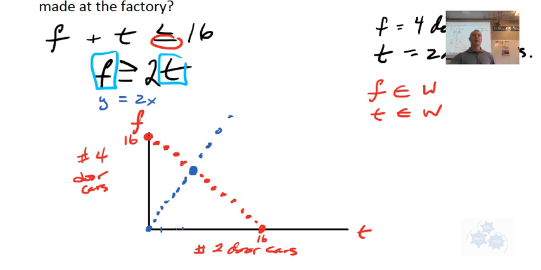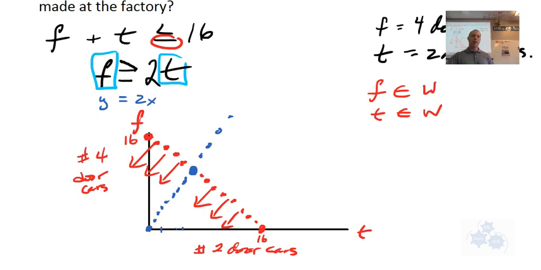Okay, let's shade the regions. For the first one, the red one, it's less than or equal to. Is 0, 0 in that region? 0 plus 0, is that less than 16? Yes. So we're looking for this way. And for the other, 0, 0 looks like it's on the line, so let's test something else.